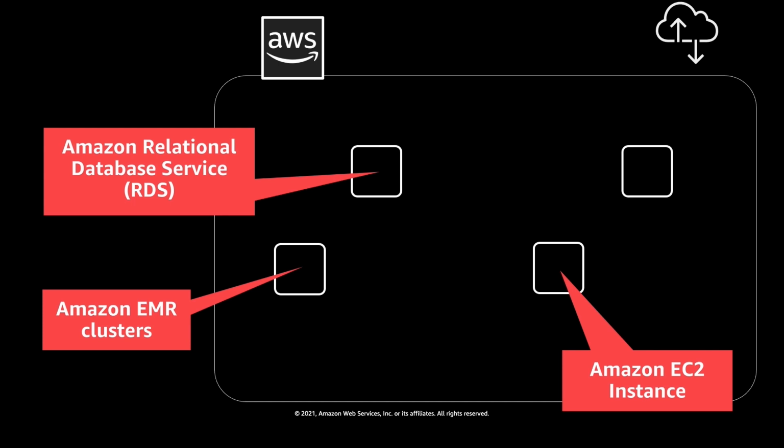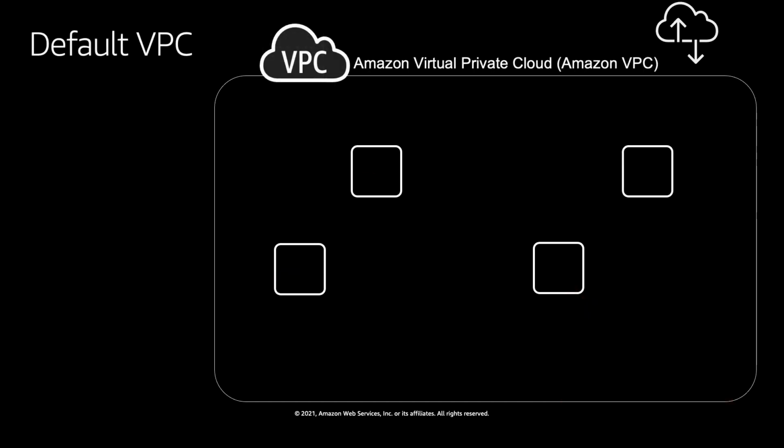Similarly, you can have many different services. It doesn't matter what it is, but once you create an AWS account, you create resources within your account. Now these resources don't get created in a vacuum. All these resources get created within something called Amazon Virtual Private Cloud, or VPC.